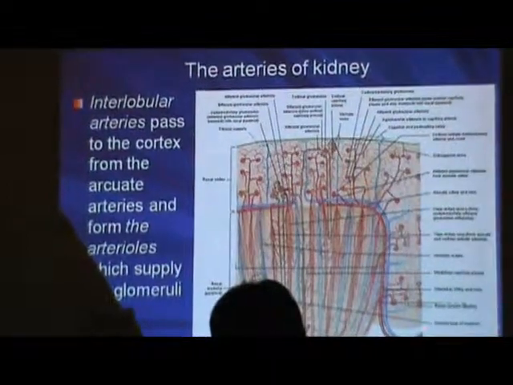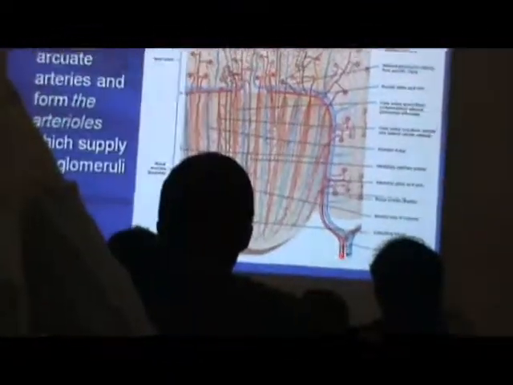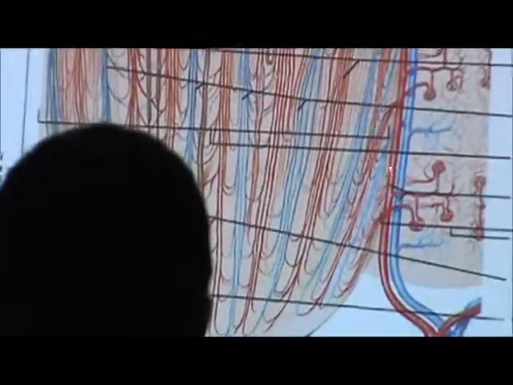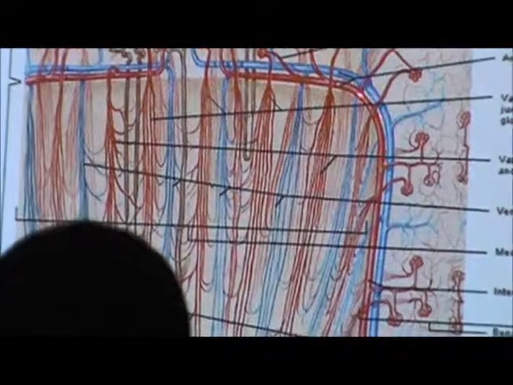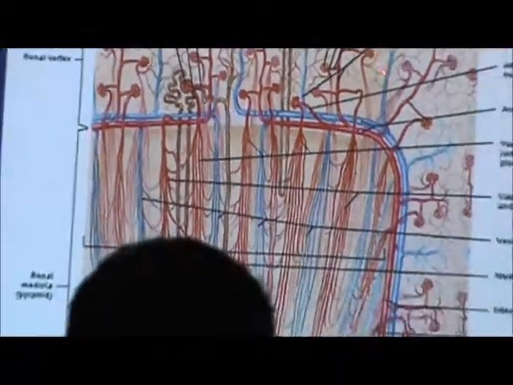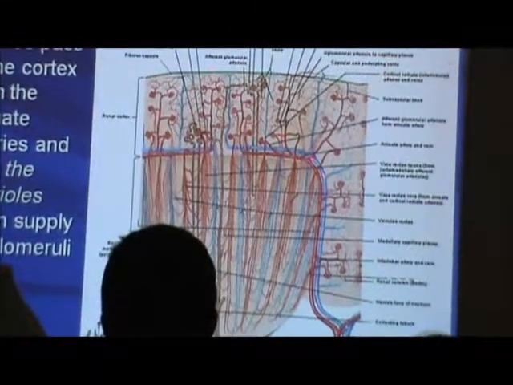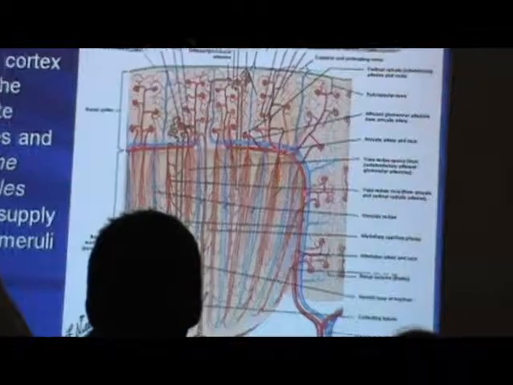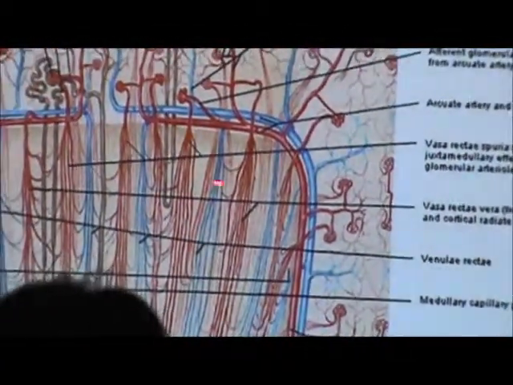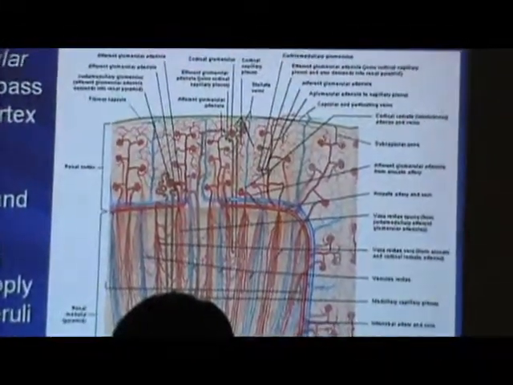So again, the same mistake. This is the lobar artery. Here is an interlobar, and between the cortex and the medulla, at an angle, there are the arcuate, and next the interlobular. So be careful.